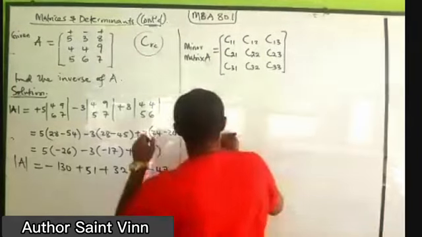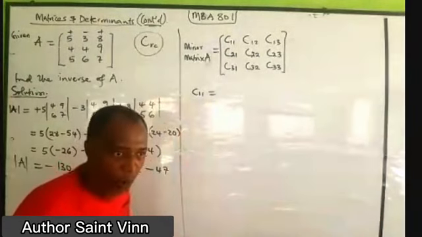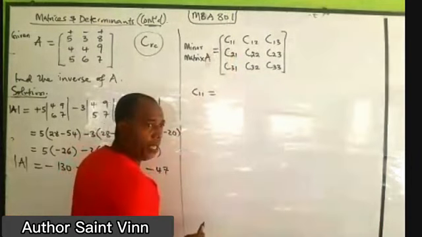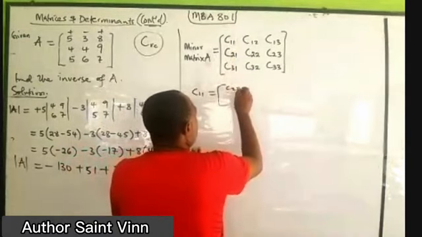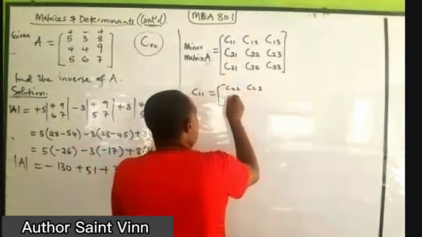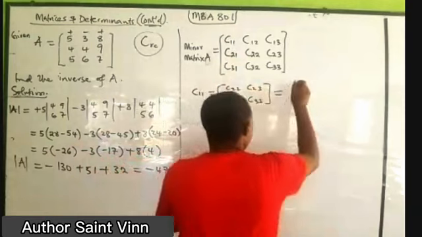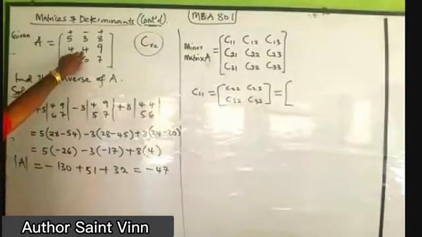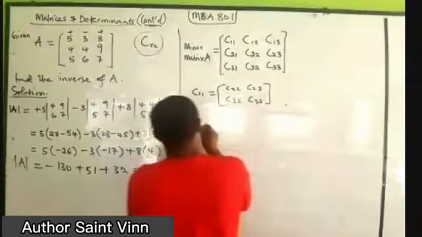First, the first element is what? C11. You remember? Yes. Very good. Look at this C11. The whole of this row will go, and the column will also go. We have a new matrix. Let's do this.